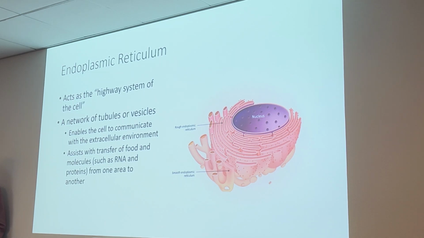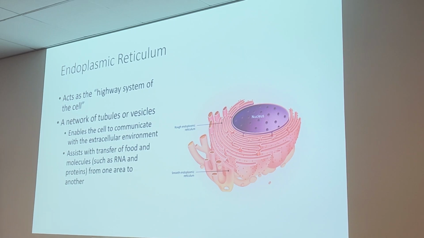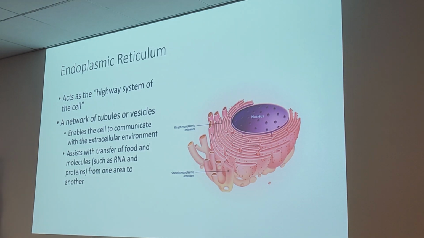What molecules? Any molecules. It could be nourishment, RNA, it could be proteins. Just things that the cells need. The ER helps to move it around. So the smooth also does that, and the rough also does that. Yes, they both do that. The only difference is rough has the ribosomes, but smooth doesn't. Correct.